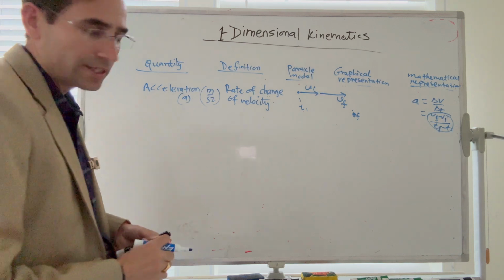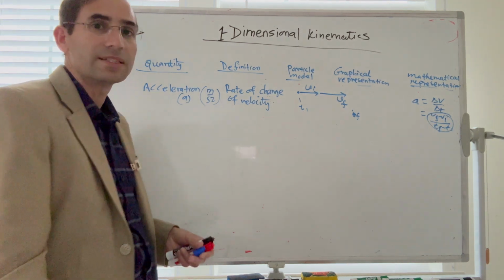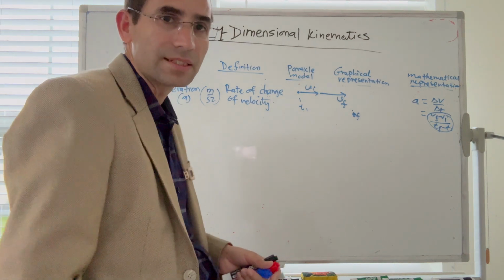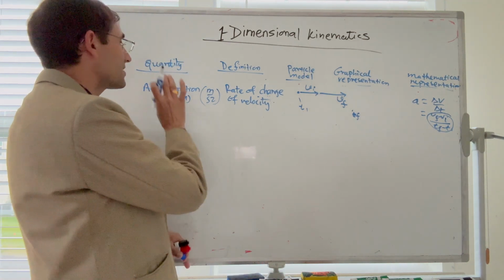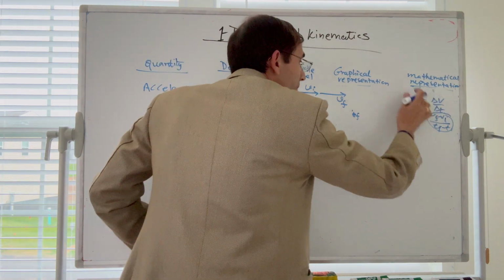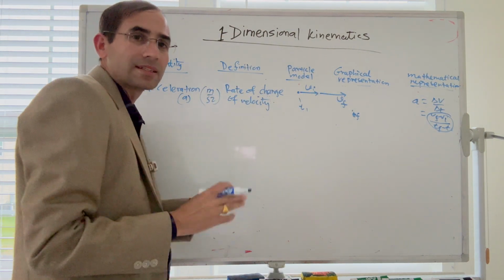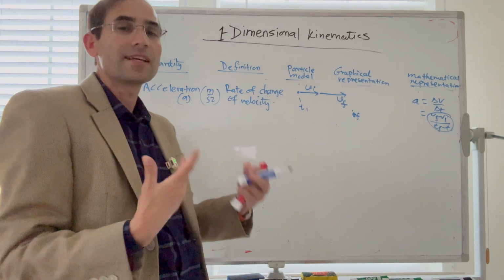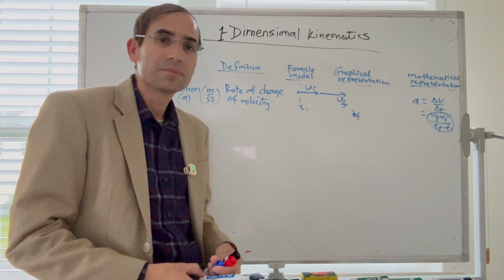Here you have the instantaneous acceleration. This is algebra based physics, so we are not going to discuss that in depth. But in calculus based physics, you take two points and the time between them, and that ratio, the slope, gives the average acceleration.